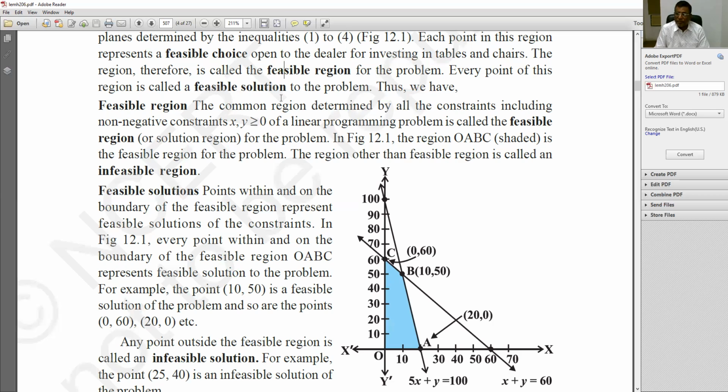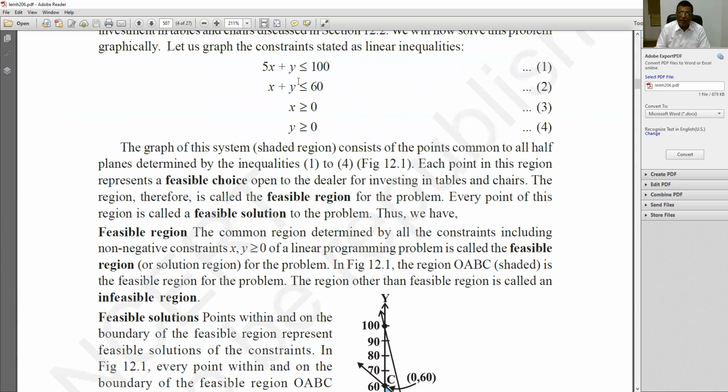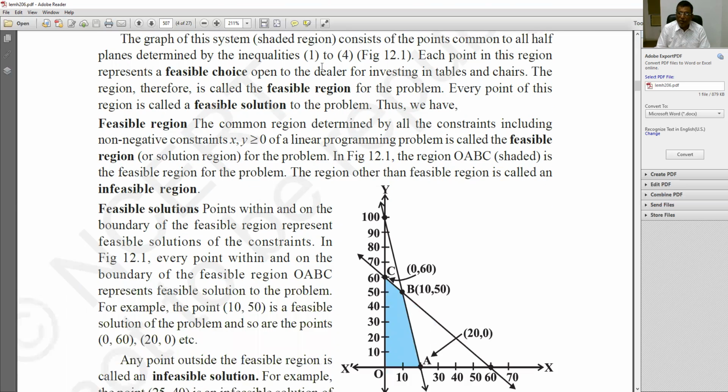Since this is a simple graph, if you take 5x plus y is equal to 100, then put here y is equal to 0, and take 5x is equal to 100, then x is equal to 20.